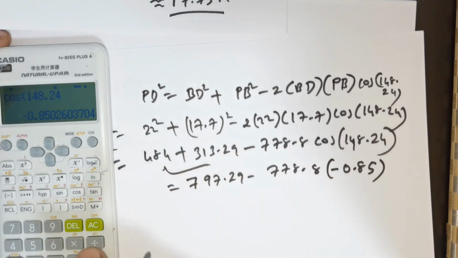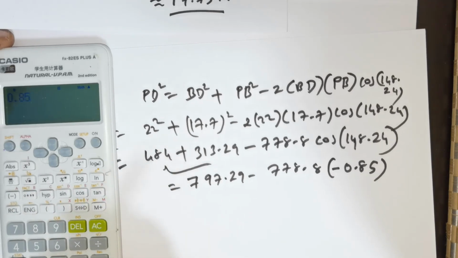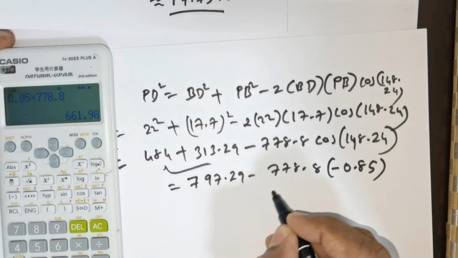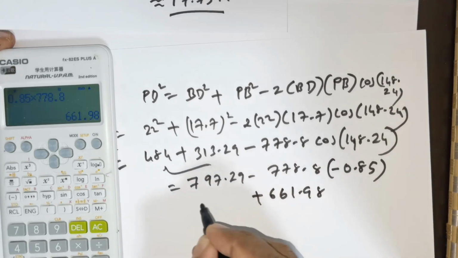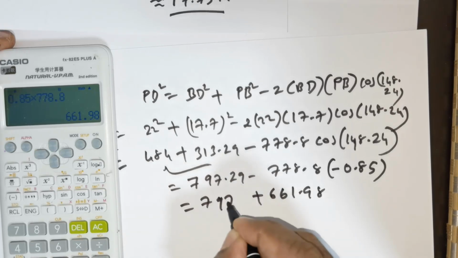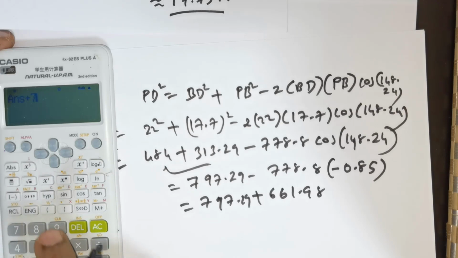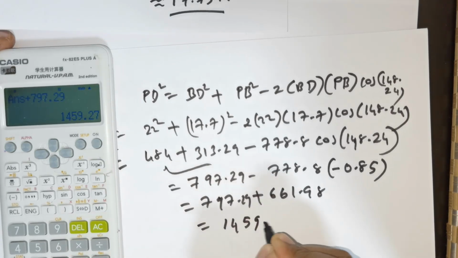I'll take it like that. So 0.85 multiplied with 778.8, that is going to give me this positive 661.98 added with 797.29. That is giving me 1459.27.